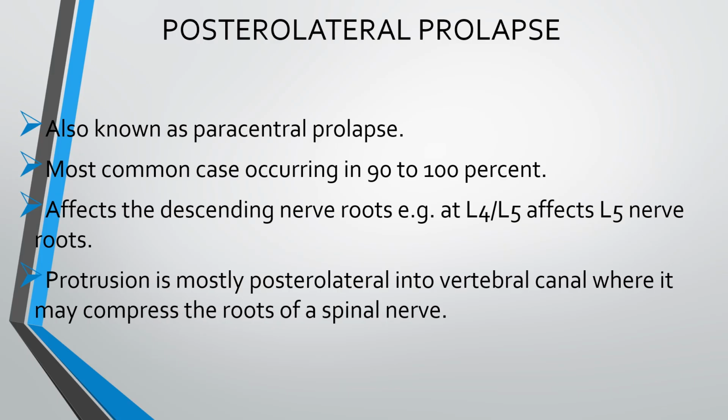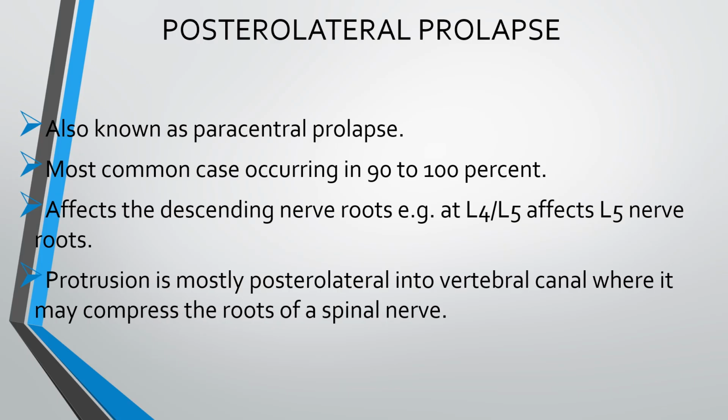Commonly it affects the descending nerve roots. Within the L4, L5 region, it affects the L5 nerve root. So in this case, it affects the nerve root that exits below the disc. For instance, here we have the L4, L5 region. Under the L4, L5 region, the nerve root that exits below is the L5.